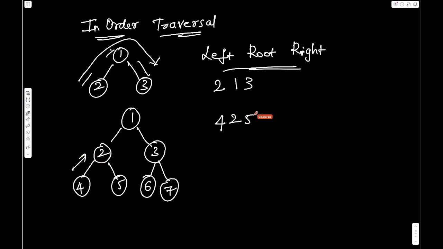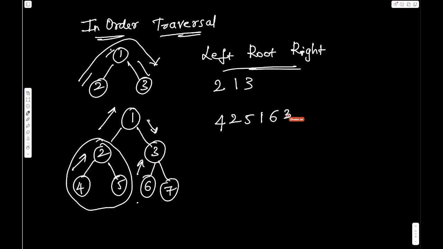Again, this portion of the node is completed, which is the left part, and then it goes to right, which is 1. Then it goes to right. Here we have left 6, then goes to root node, then again right. Sorry, this is 7. Okay, so this is how in-order traversal is done.